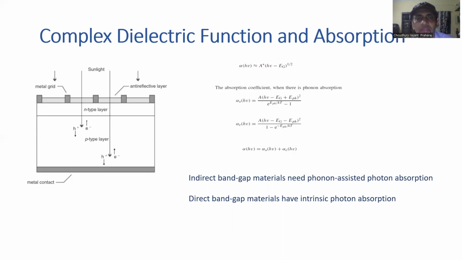So far above the band gap energy, the absorption coefficient can have a more complicated dependence. Indirect bandgap materials need phonon-assisted photon absorption, and they have lower absorption coefficients, while direct bandgaps have intrinsic photon absorption. So that is relevant for solar cell design. The indium gallium nitride solar cells we consider here are all made from direct bandgap materials.